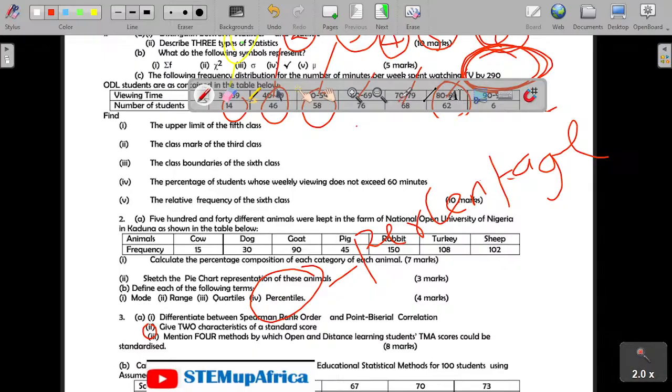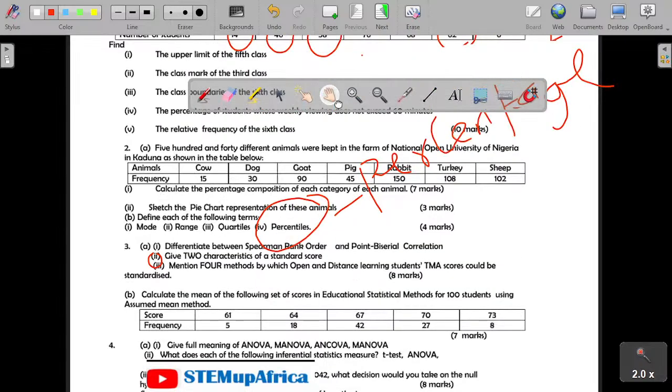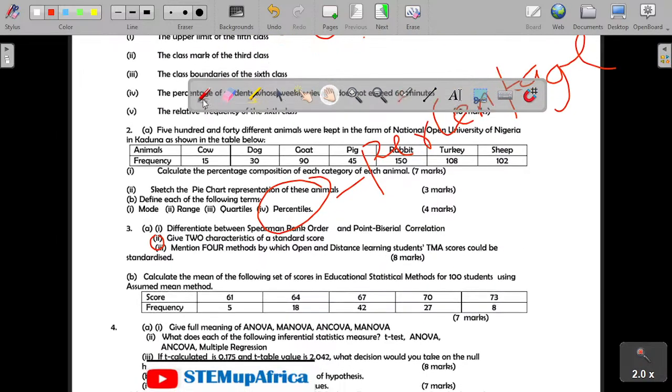So let's advance to question 3B. Let's see what they have for us there. Question 3B says calculate the mean of the following set of scores in educational statistics for 100 students using the assumed mean method.